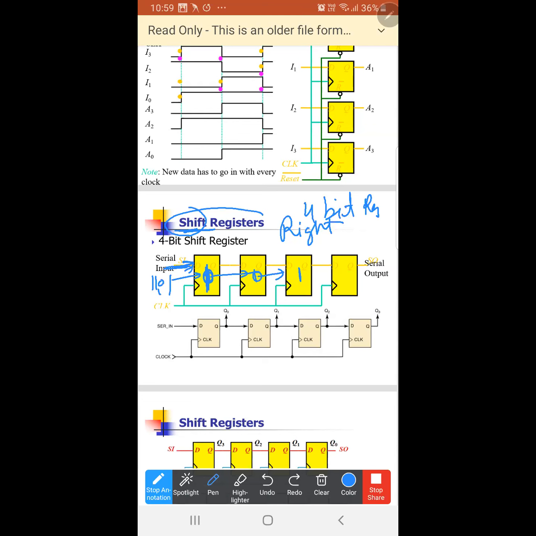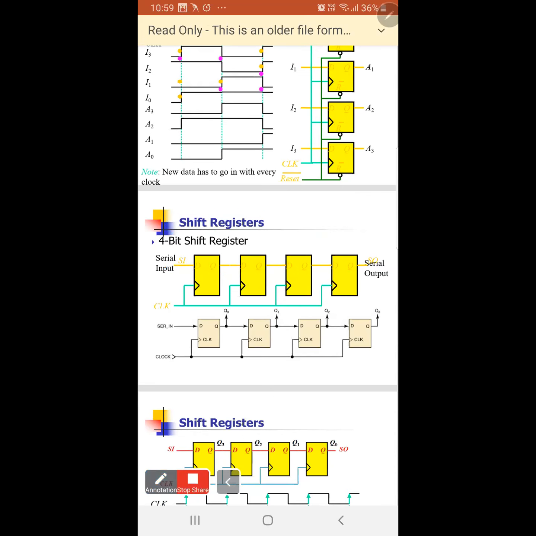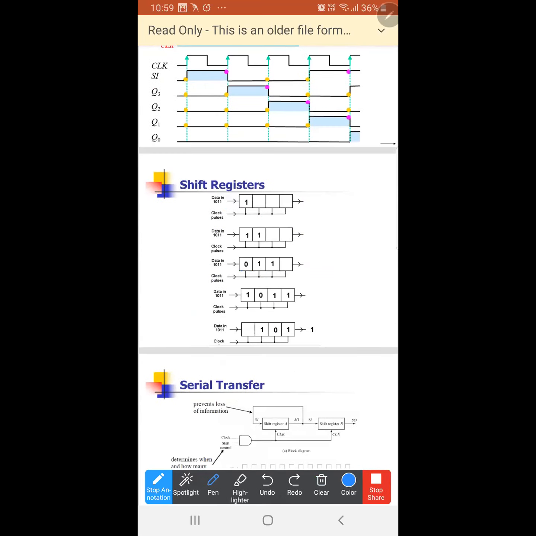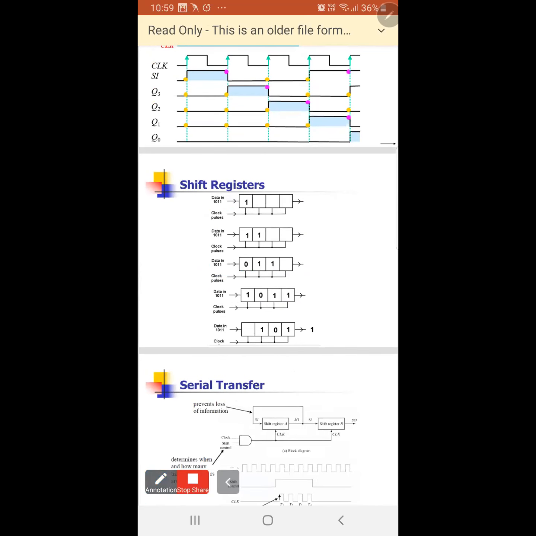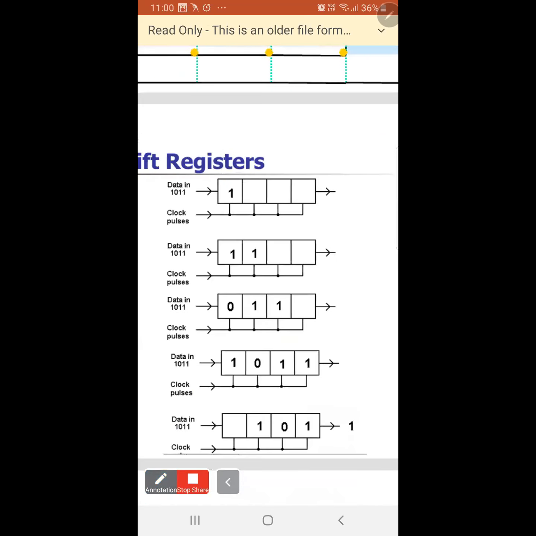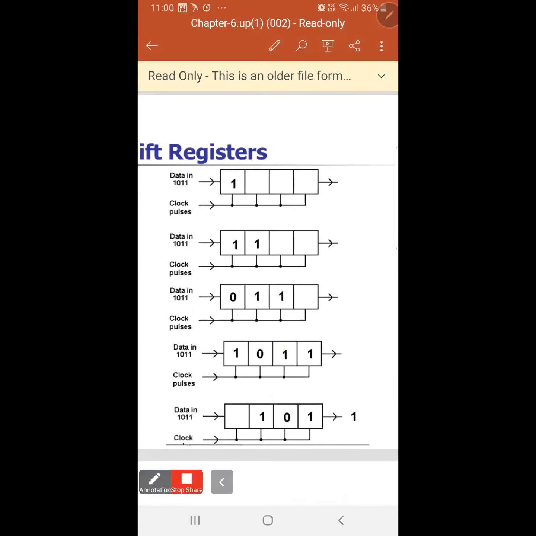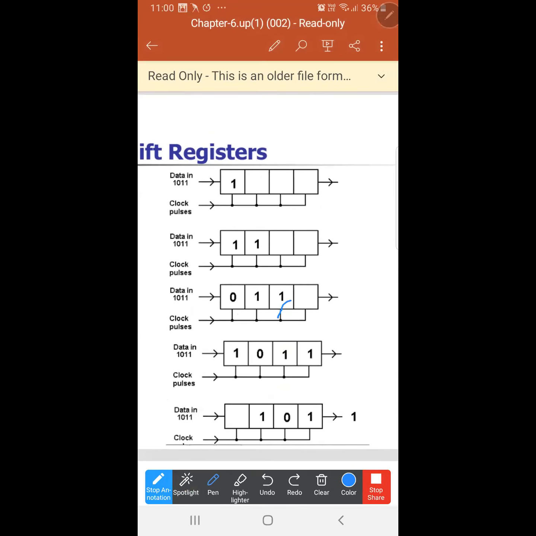I will explain with an example. Here you can see that we have 4 flip-flops, and the data I need to save here is 1011.